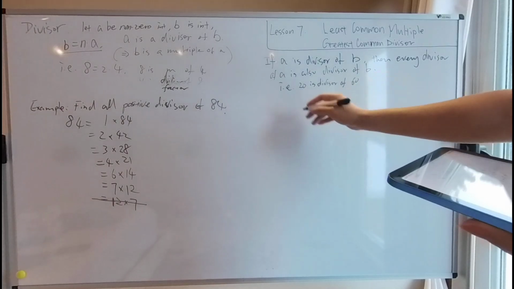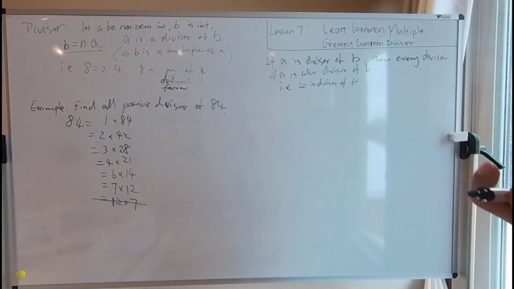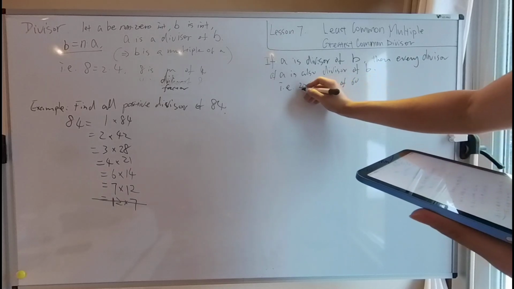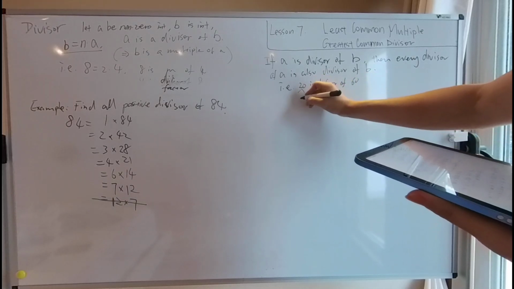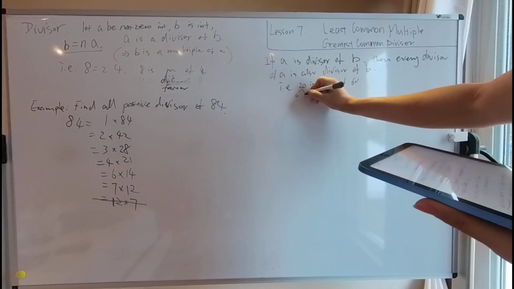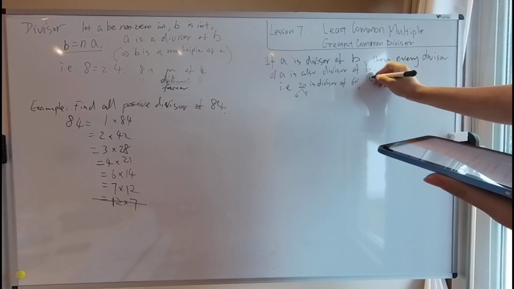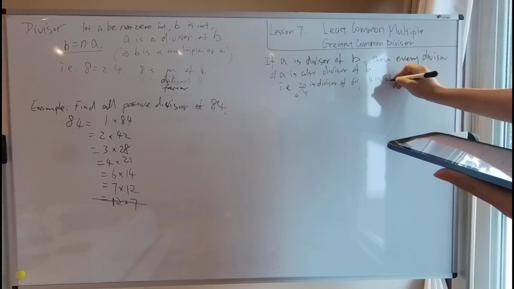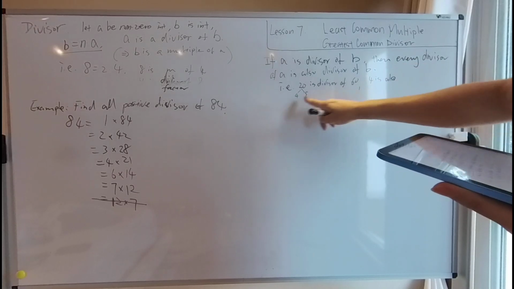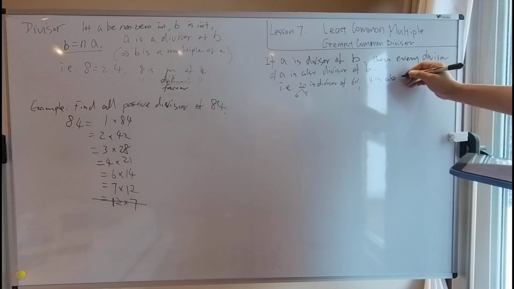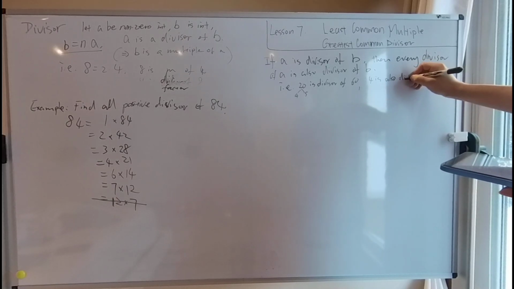Because 60 divided by 20 is 3, which is an integer. So 20 is a divisor of 60. Then the factors, the divisors of 20, for example, 4 is a factor, or 5 is a factor. So 4, for example, is also a divisor of 60, because 60 divided by 4, you will definitely get an integer solution.